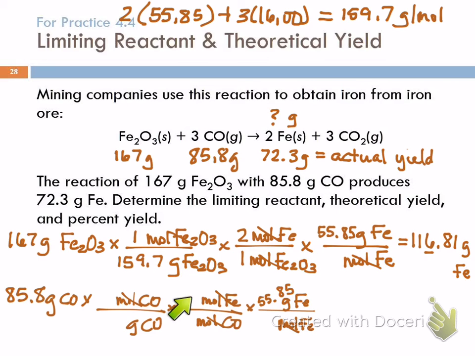Here, again, we're looking at the equation. 2 irons, and how many carbon monoxides? 3.